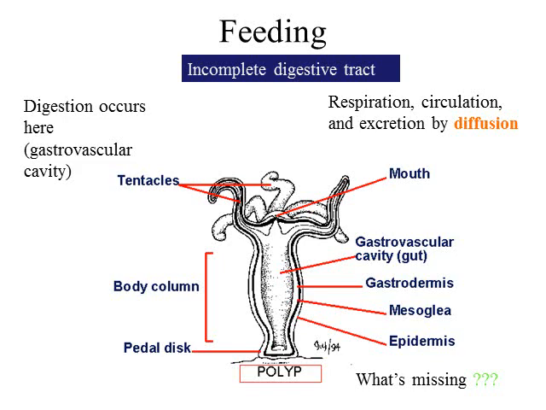And we should also mention, how do they sort of get through life? They obviously have some kind of digestive system, but how do they breathe? How do all these other things happen? Well, respiration, or the exchange of CO2 and oxygen, circulation, or the movement of oxygen and nutrients throughout their body, and excretion, getting rid of stuff, all happens by diffusion.